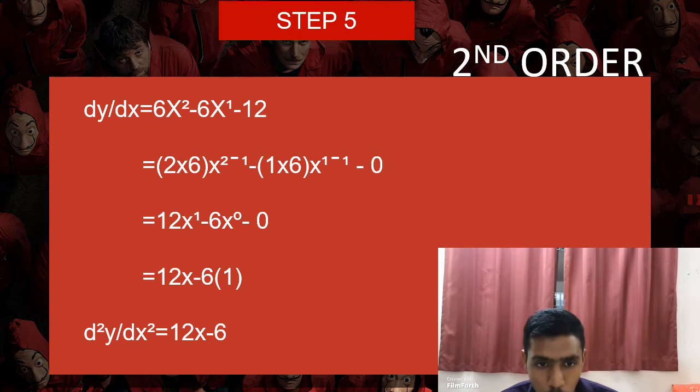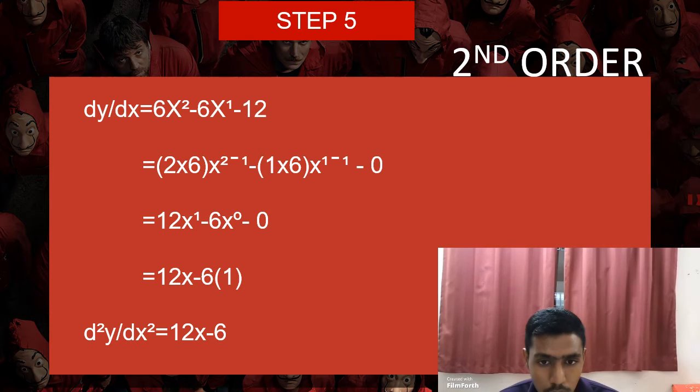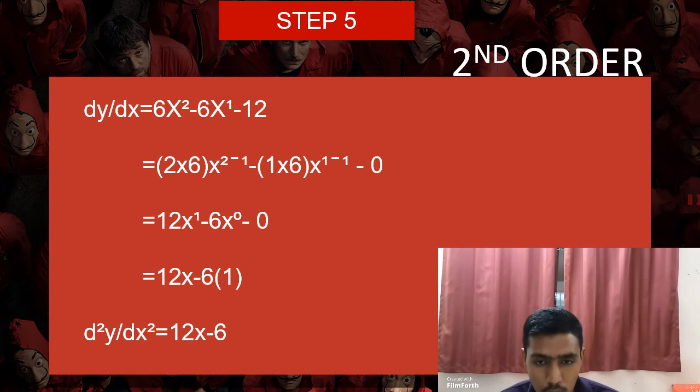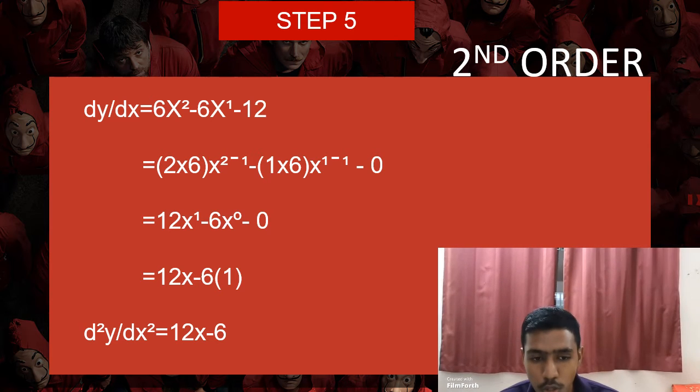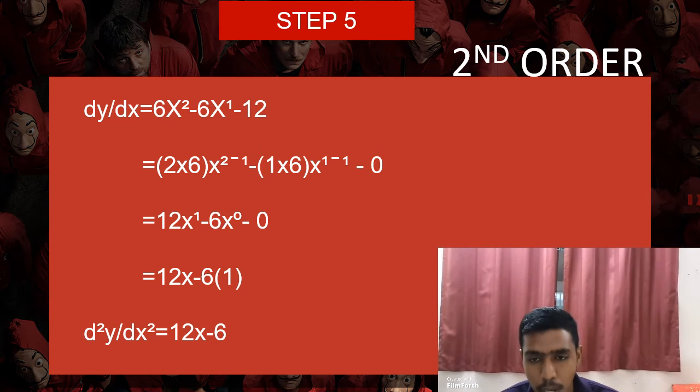So d squared y over dx squared equals 12x minus 6.